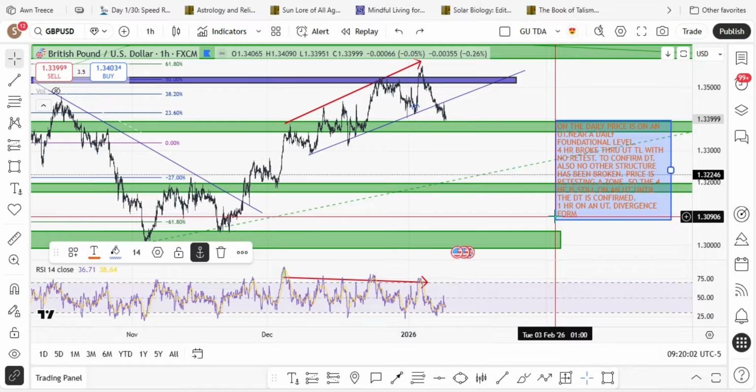Divergence formed, showing a downtrend or pullback approaching.